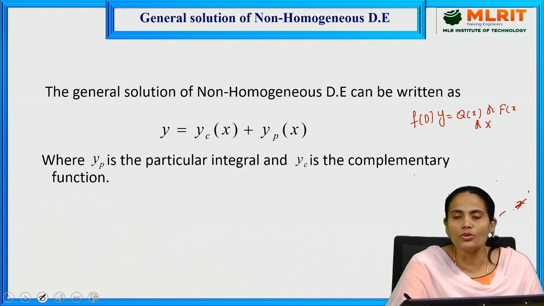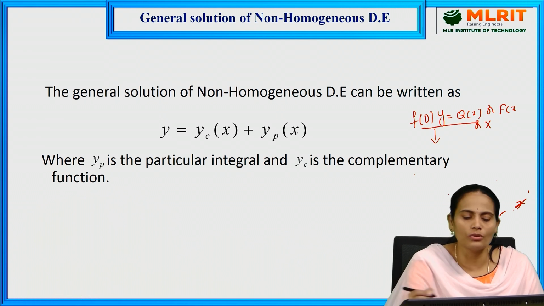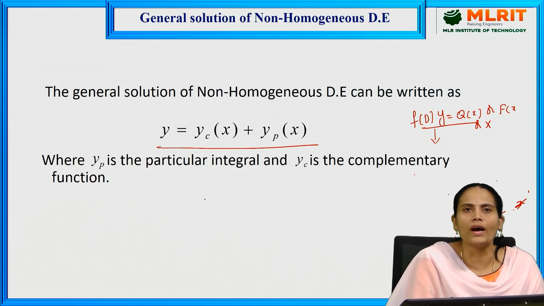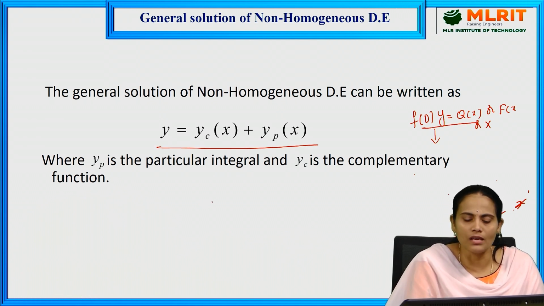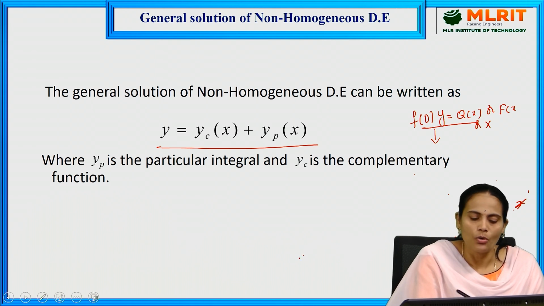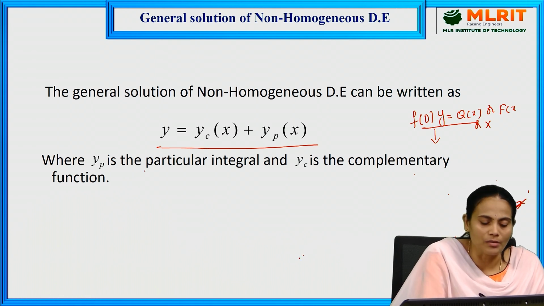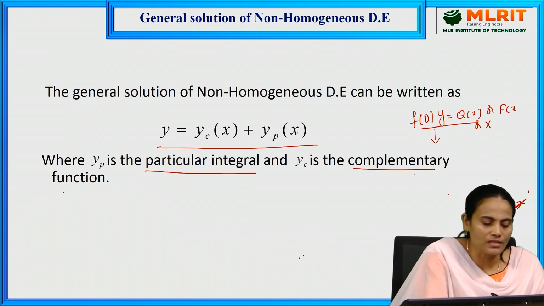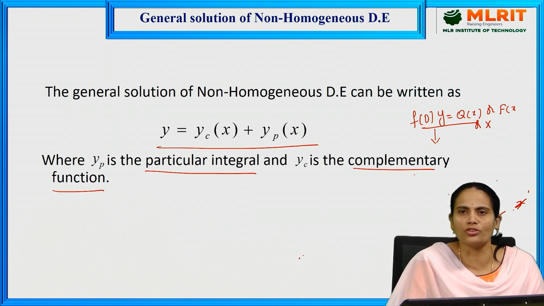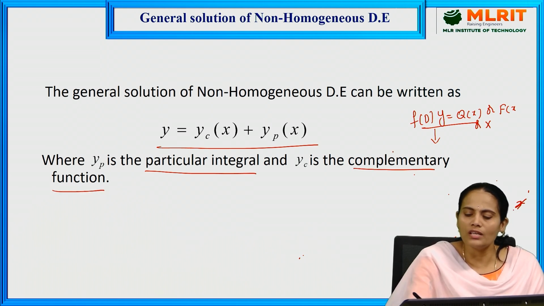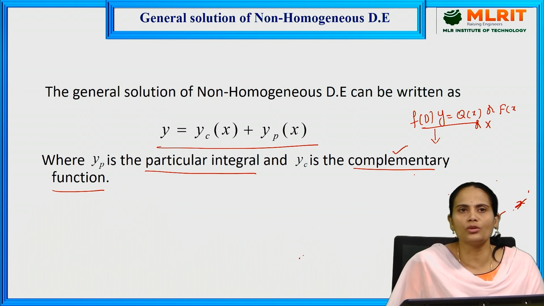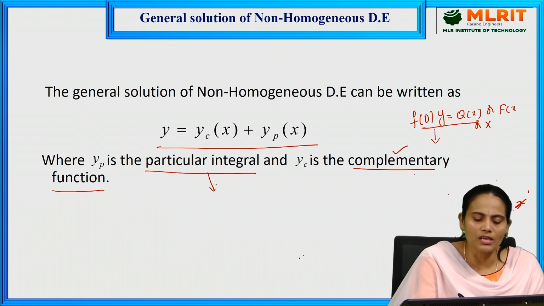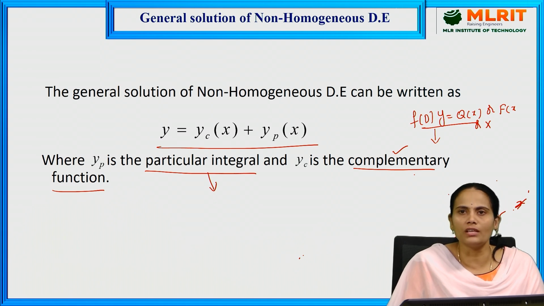The general solution of f of D into y is equal to Q of x is y is equal to yc plus yp, where yp is the particular integral and yc is the complementary function. We have already seen how to find the complementary function in the previous session, and now we'll see how to find the particular integral.